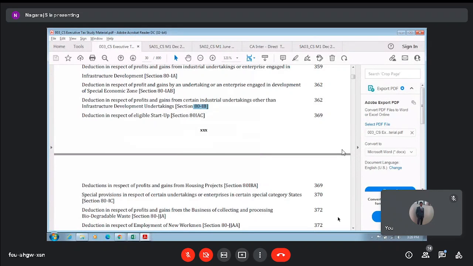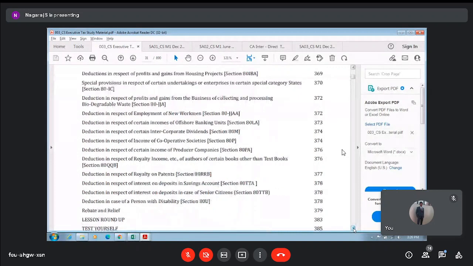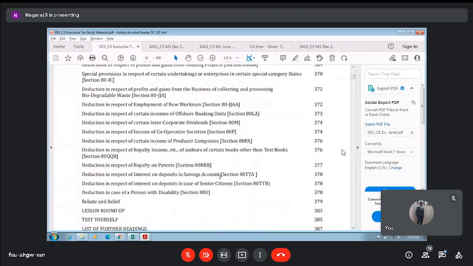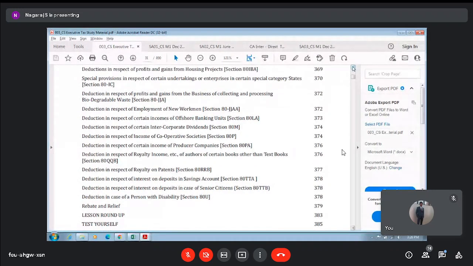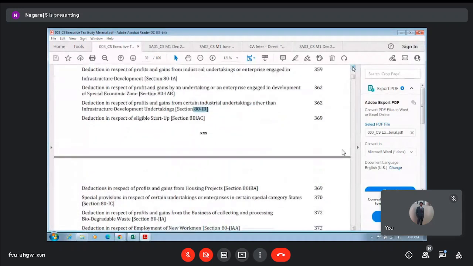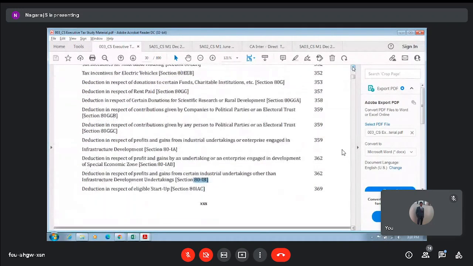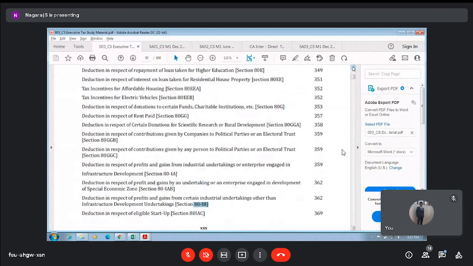That is not 81. Where is that? Royalty, savings bank account, senior citizen, this one. Payment based deduction, that one. Political party 80G, sorry, 80GGC.